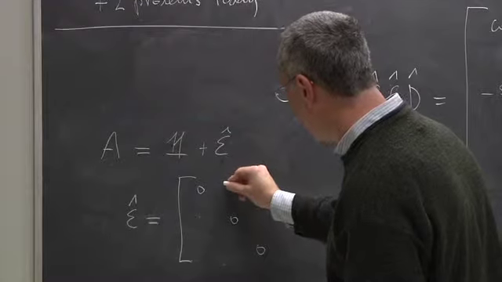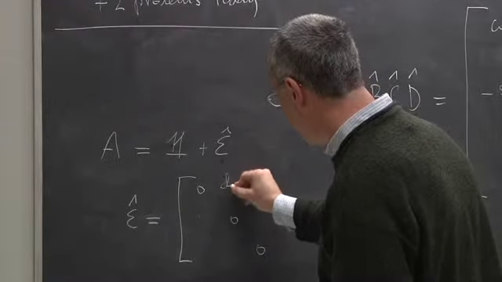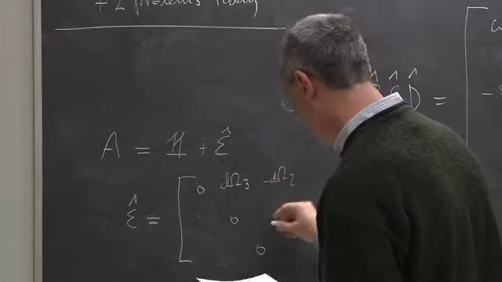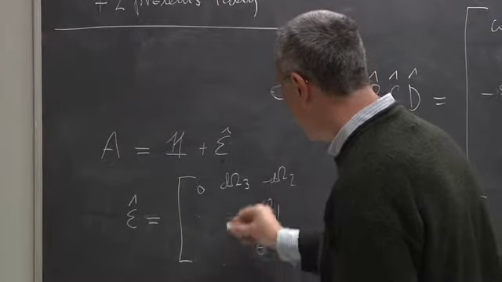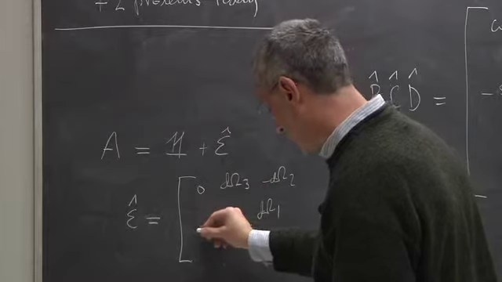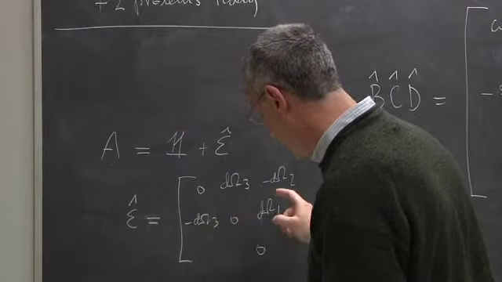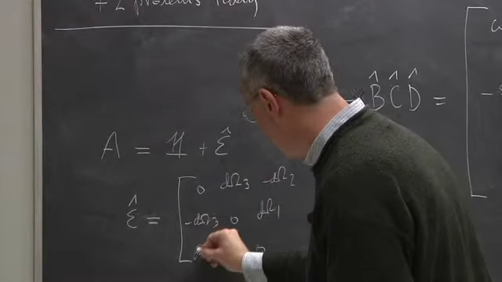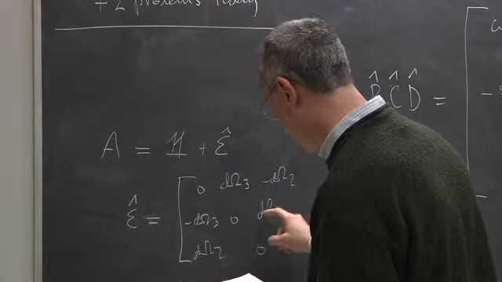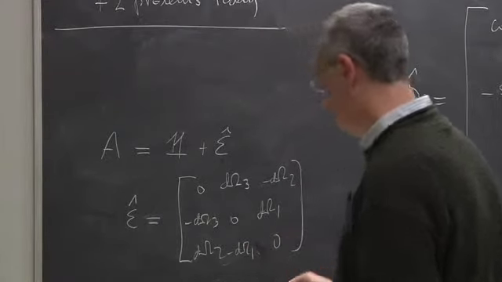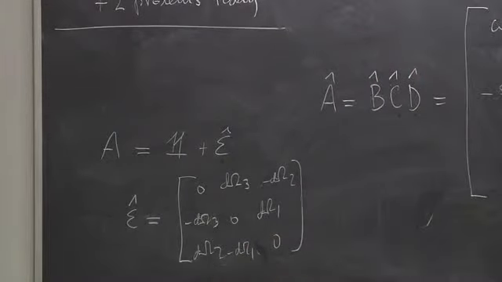This epsilon, you can verify, has three components, let me call them d omega 3, d omega 2, and d omega 1, and it is anti-symmetric.